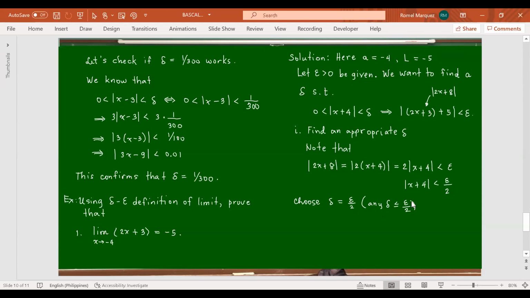We can start with epsilon over 2, but any value of delta less than epsilon over 2 can be considered. But we choose epsilon over 2. So let's see if this will work. Let's find out if that will work.